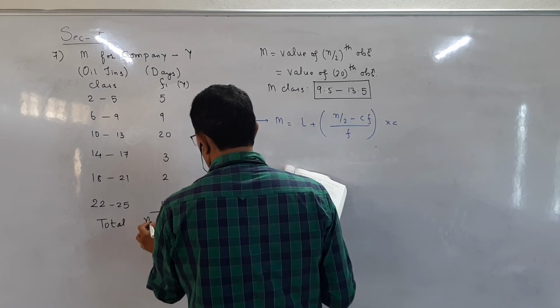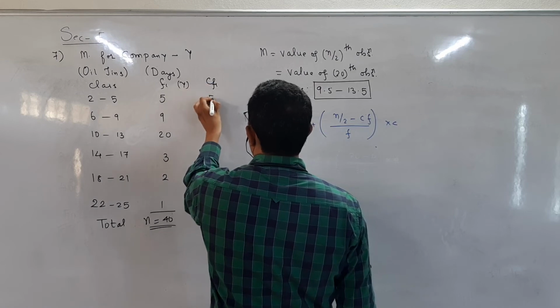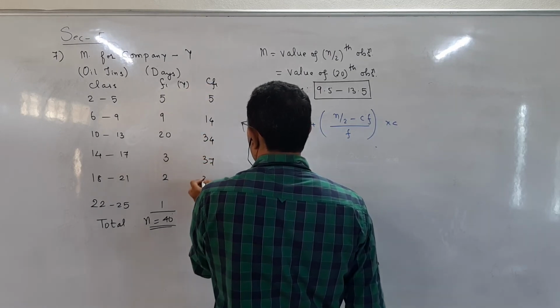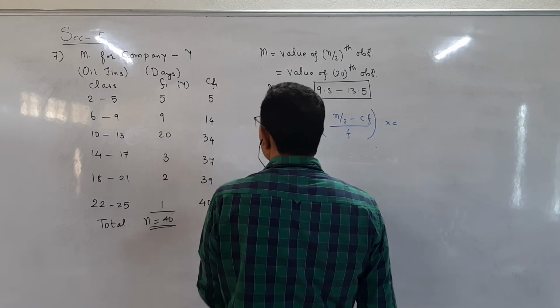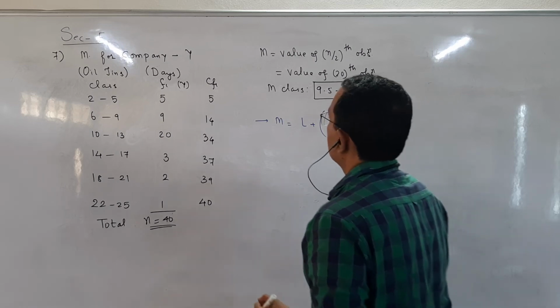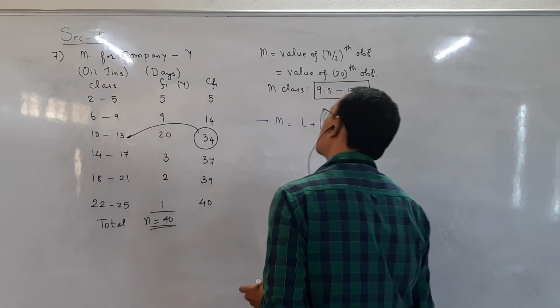Still, the total is 40 only. So the CF will be 5 plus 9, 14, 34, 37, 39, and 40. So the median class remains the same. You check, of course.